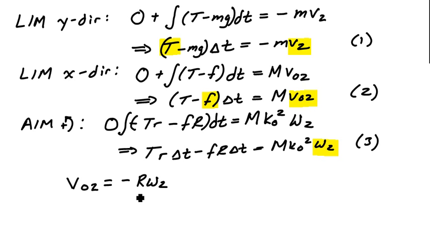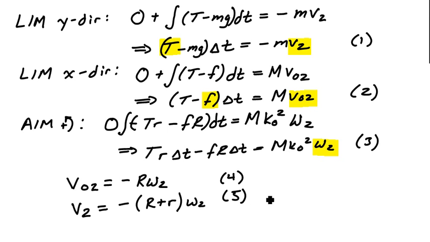The minus here comes from the fact that vO2 is defined to be positive to the right, and omega 2 is positive counterclockwise. If I use somewhat similar logic, I can say that v2 is going to equal minus quantity R plus r times omega 2. Let's call these equation 4 and equation 5. If we now look, we've added two additional equations without adding any additional unknowns.